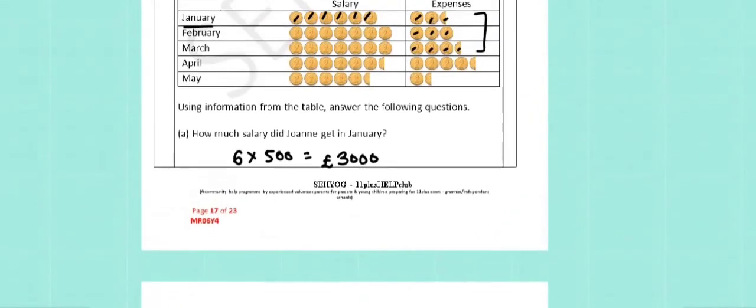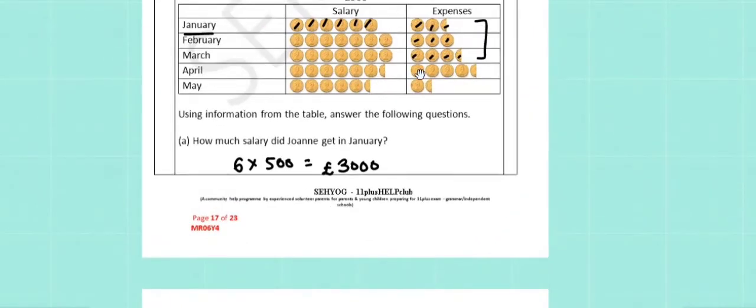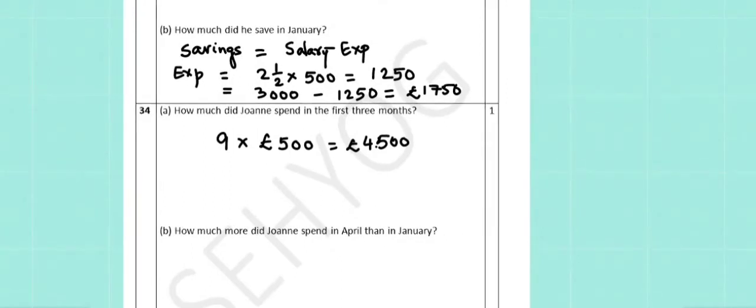So, we already have his expense in January, and that was 1250 pounds. Now we will find his expenses in April. So 1, 2, 3, 4 and a half coins in April. So his spending in April is 4.5 coins multiplied by the value of each coin, that is 500 pounds.